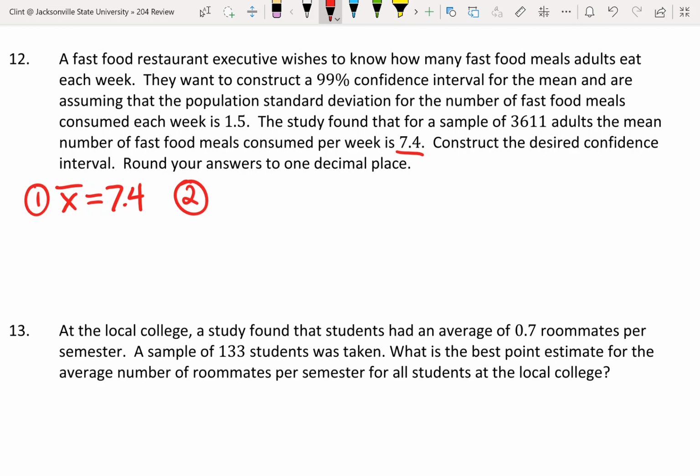So we have to think, are we in sigma known or sigma unknown? Sigma is population standard deviation. It tells us they're assuming the population standard deviation is 1.5, so sigma is known here. So that'll tell us which margin of error formula to use. It's this one. It'll be labeled on the formula sheet. It's sigma known.